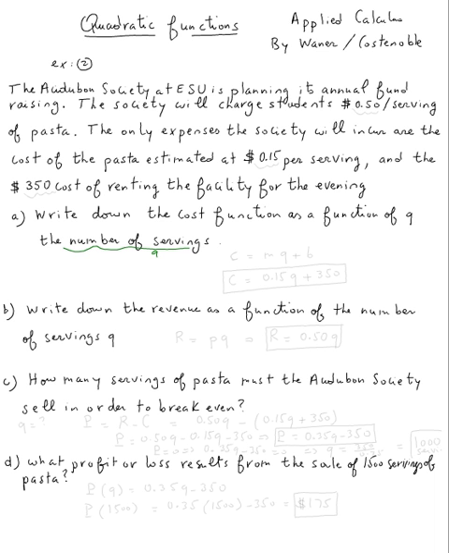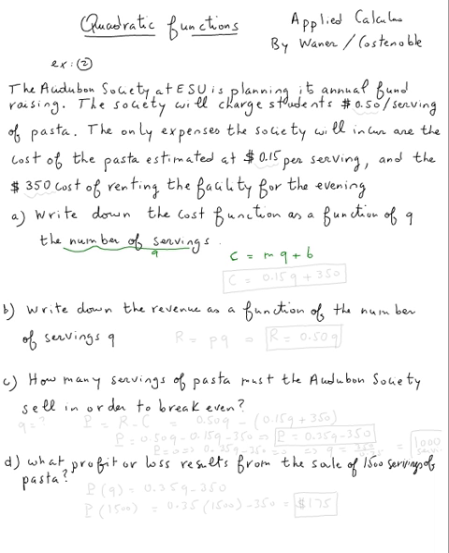So we know the cost is a linear function, so the cost will be equal M times Q, the number of servings, plus the y-intercept, the fixed cost.